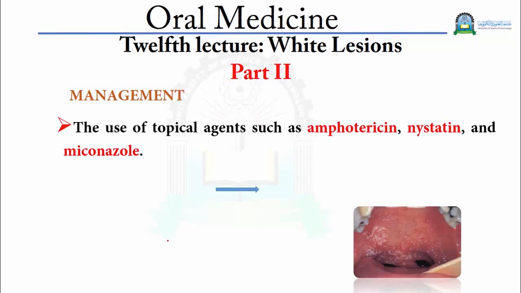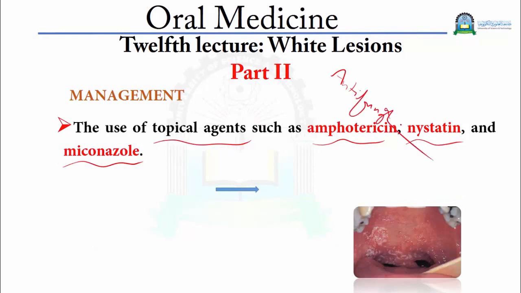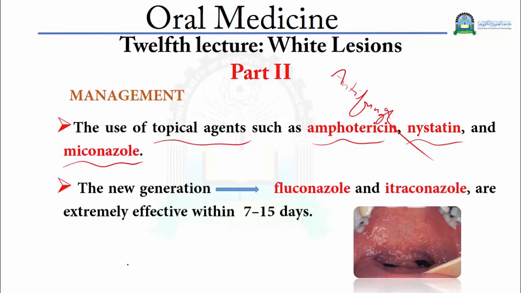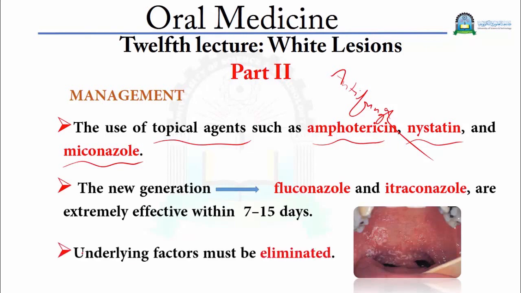The management of oral thrush is the use of topical agents such as amphotericin or nystatin or miconazole, which are antifungal drugs. The newer generations of antifungals such as fluconazole and itraconazole are also extremely effective within 7 to 15 days to treat those lesions.